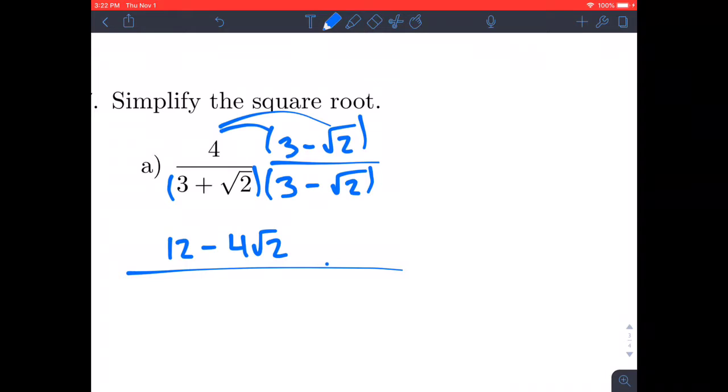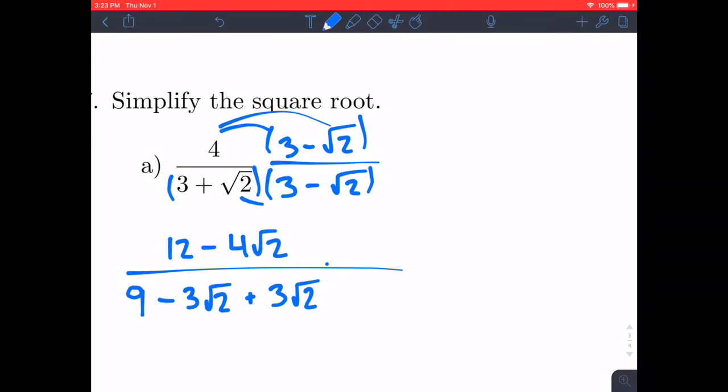And then in the denominator we have to distribute as well. And we choose the conjugate because it makes things cancel out. So in the denominator, when we FOIL, the first gives us 9. The outside gives us a -3 square root of 2. The insides gives us a positive 3 square root of 2.